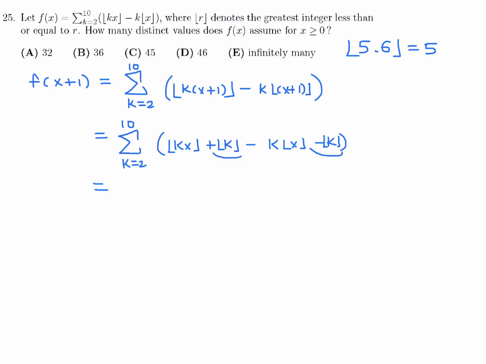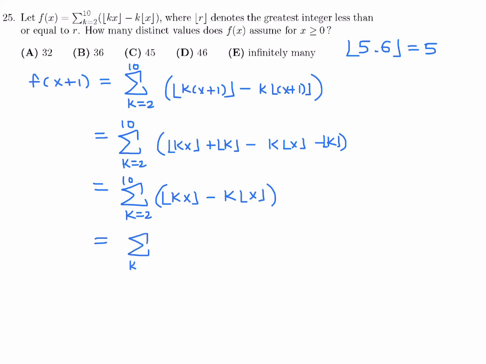Well, this guy and this guy cancel, so all you're left with is k equals 2 to 10 of kx inside the bracket minus k times x inside the bracket. Well, this right here is pretty much f at x.